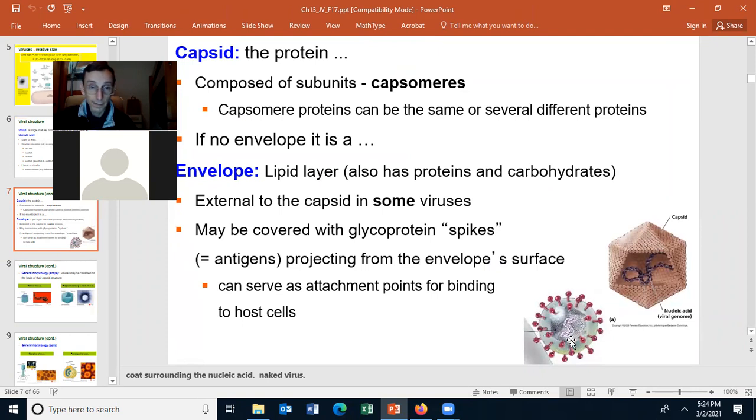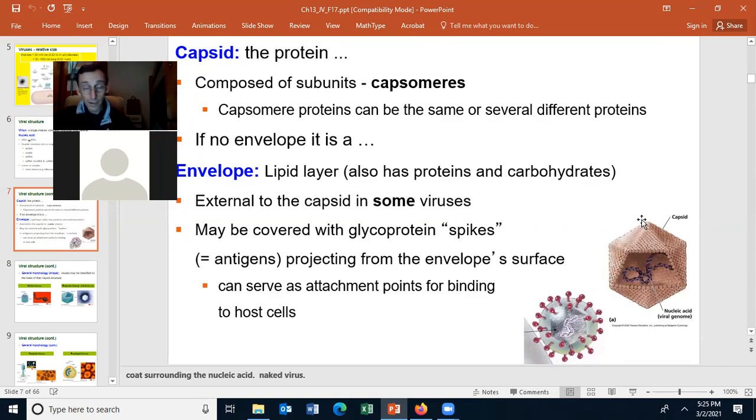These spikes serve as antigens, meaning these are the points that the host recognizes the virus as being foreign, and it can mount an immune response against these spikes. Other viruses, if they're missing the spikes, the immune system will have to find something on the outside of the virus to recognize as an antigen.